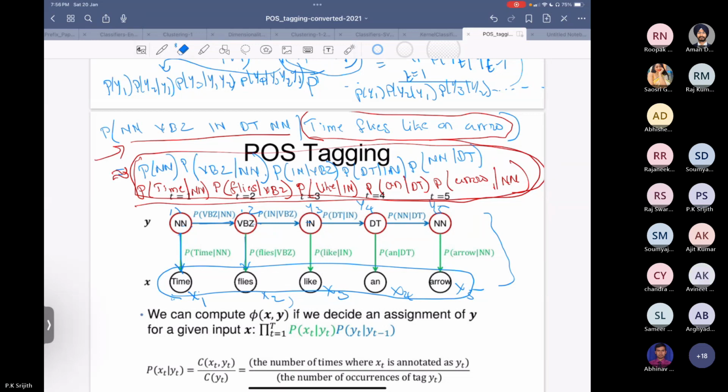But is that feasible? The number of combinations would be very large.